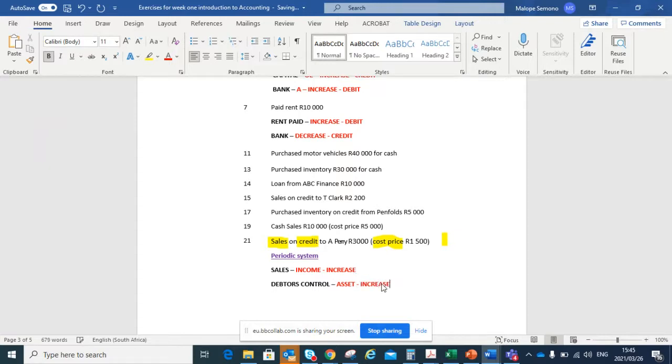Now you can go and check the boxes and tell me under which side I must record. Where will I record incomes and where will I record assets? Either debit or credit. Please help me.